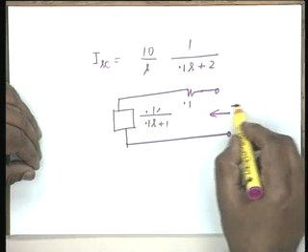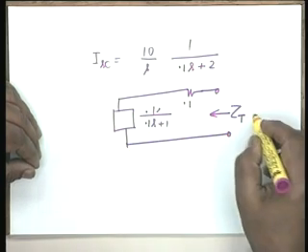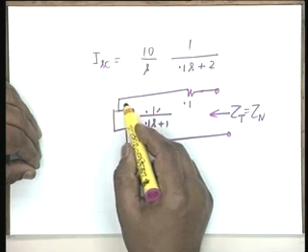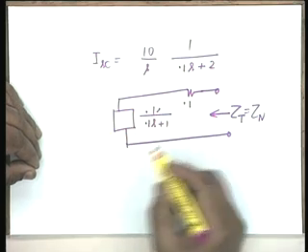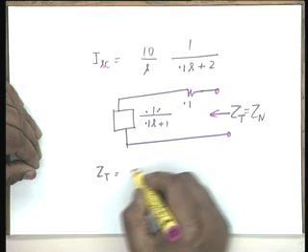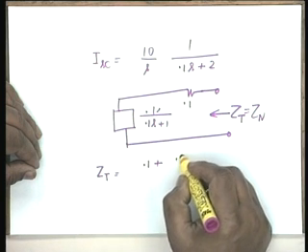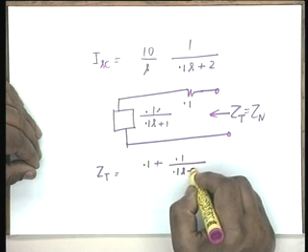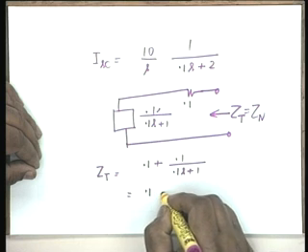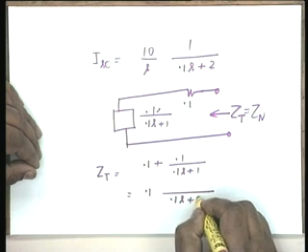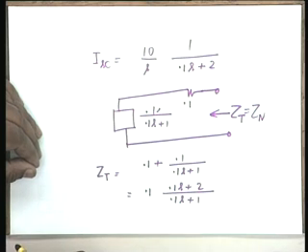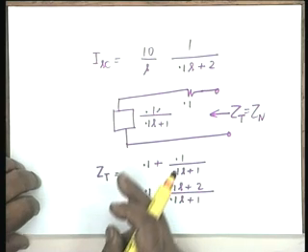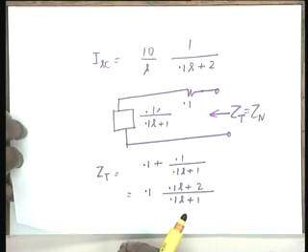Do you agree that this would be my ZT or Zn? Because in parallel with this there is a current source which is open circuited, ZT is equal to 0.1 plus 0.1 divided by 0.1 S plus 1, which you can see is 0.1 S plus 1 over 0.1 S plus 2 multiplied by 0.1. Okay, so we know ISC and we know ZT.